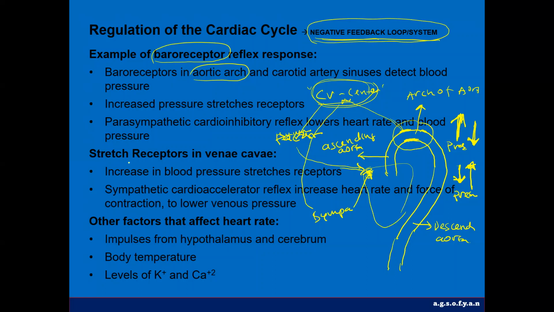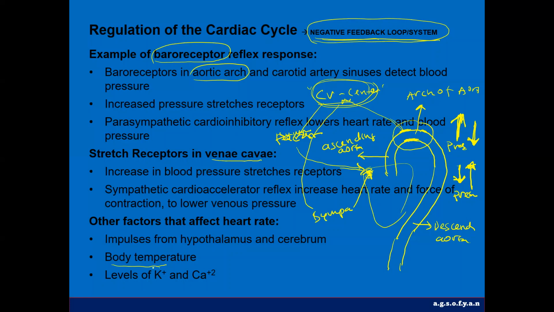There is also a stretch receptor in the vena cava, the one that enters our right atrium, and other factors like, for example, our body temperature and exercise will usually increase the heart beating. Okay, so when we start exercising, then our heart beating will be increasing. So this is an autonomic control.